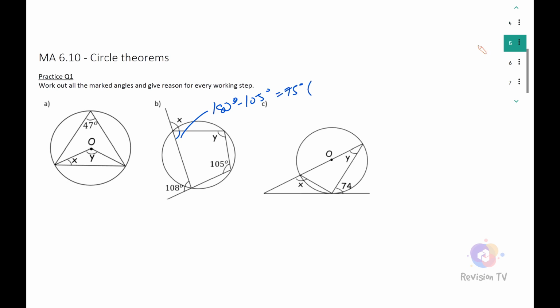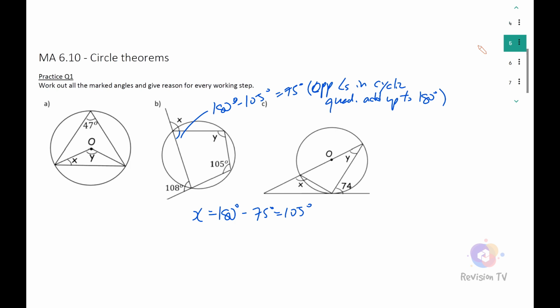And the reason you have to give is because opposite angles in a cyclic quadrilateral add up to 180 degree. And therefore, x will be 180 degree minus 75 degree, which is 105 degree. The reason being x and this angle 75 make a straight line.